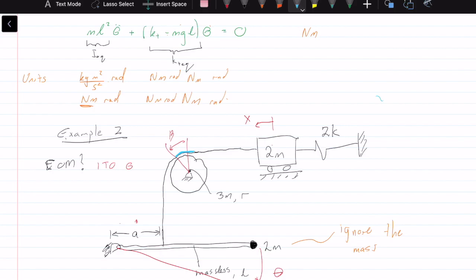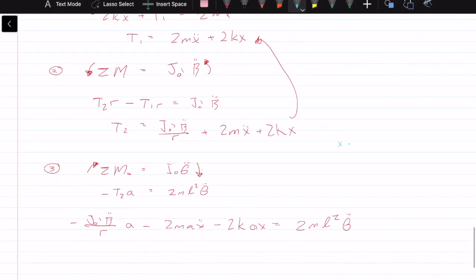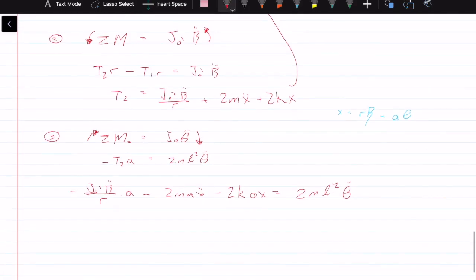The arc length formula says that x is equal to r beta, and r beta is also equal to a theta. So that's our relationship, linking all these coordinate systems: x equals r beta, or beta equals a over r theta. Now we can continue.